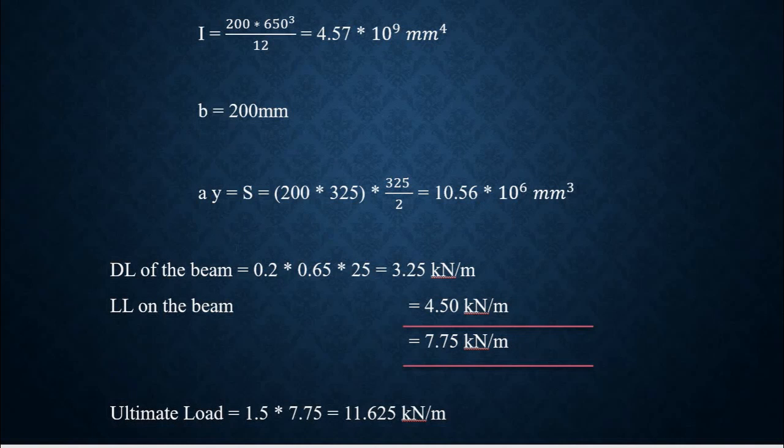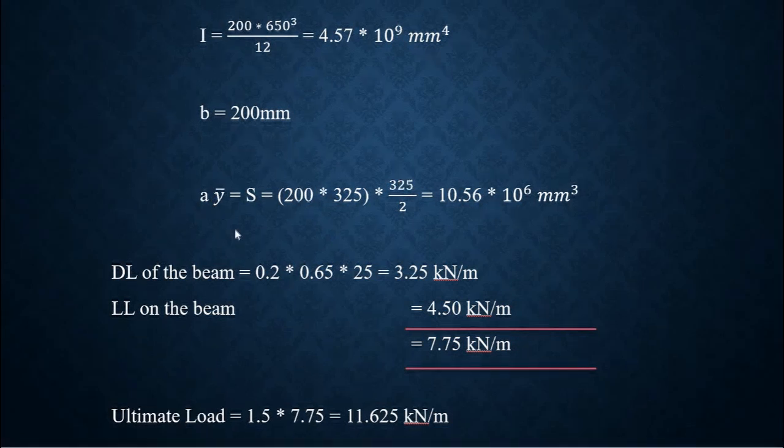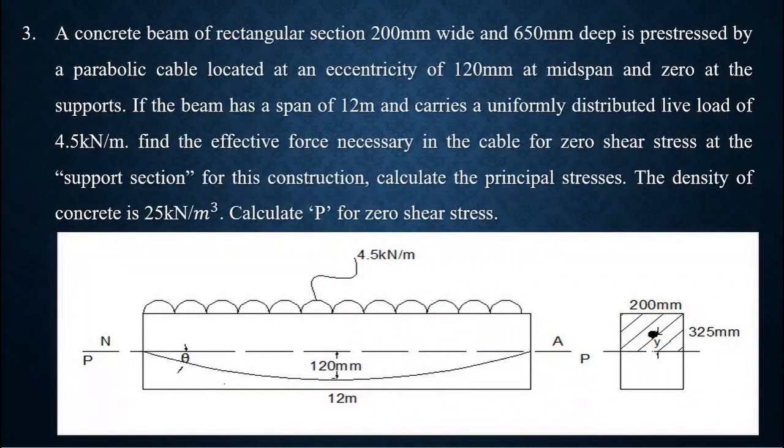Width is 200 mm. We require the static moment of area in further calculation. So calculate A y bar. It is also denoted by S. A is the area of the hatched portion. You can see here I have already marked it as y bar.